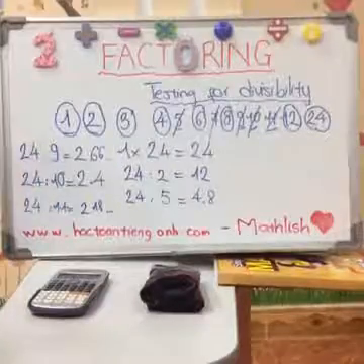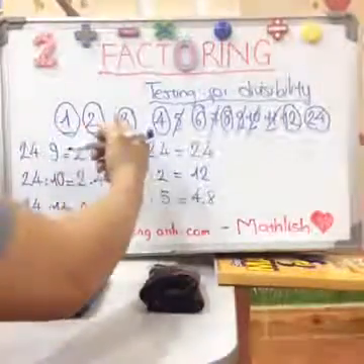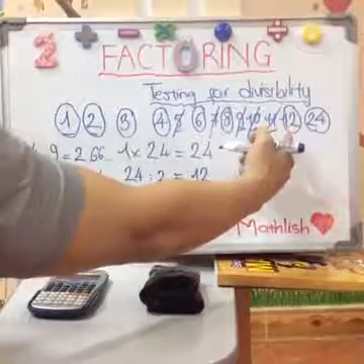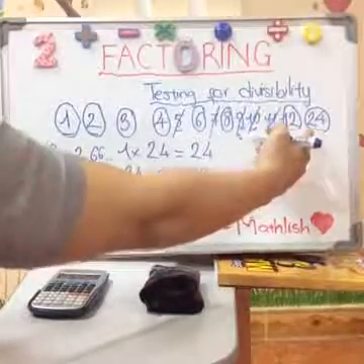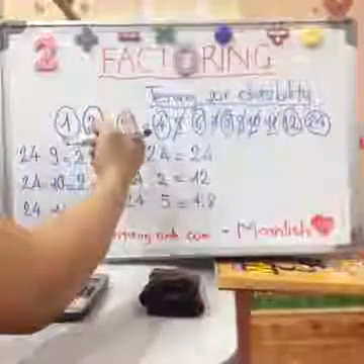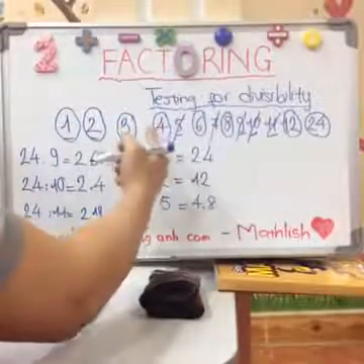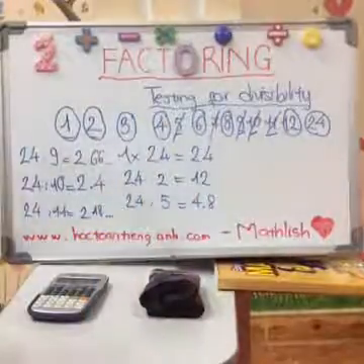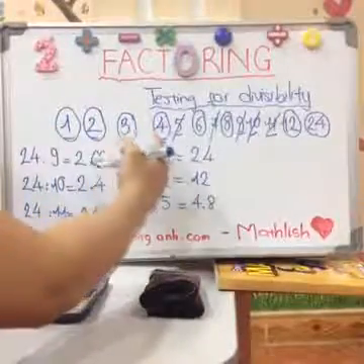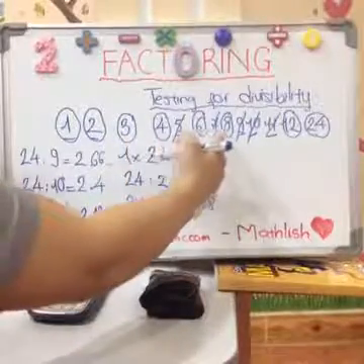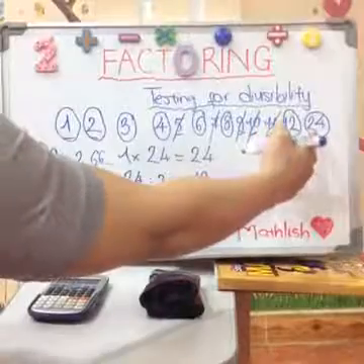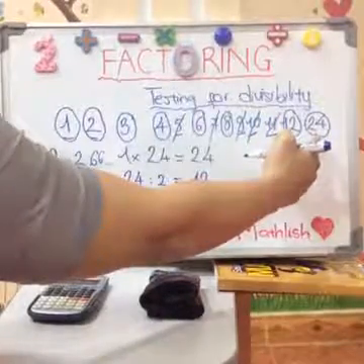Alright, since we have tested all the numbers that are less than half of 24, we have found all of its possible factors. And they are 1, 2, 3, 4, 6, 8, 12, and 24.